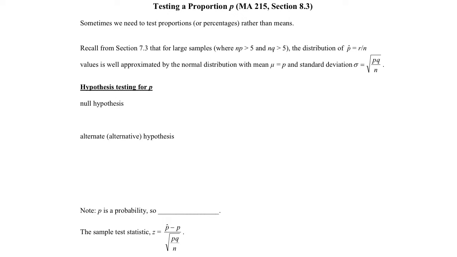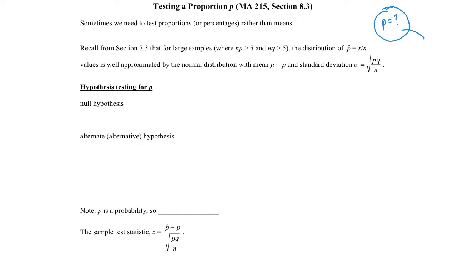So let's say this is the population proportion of voters who are going to vote yes on proposal 3. We want to know what proportion of voters are going to vote yes on proposal 3.